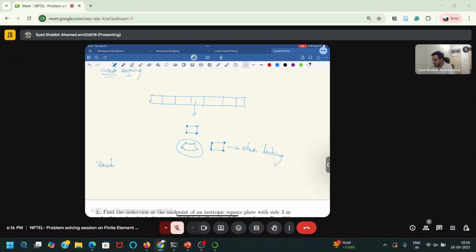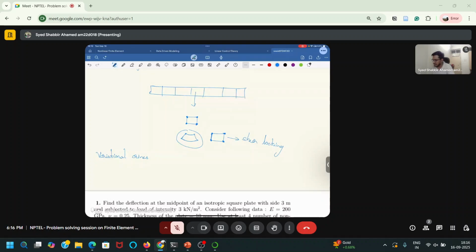Variational crimes. There are mainly two kinds of variational crimes.